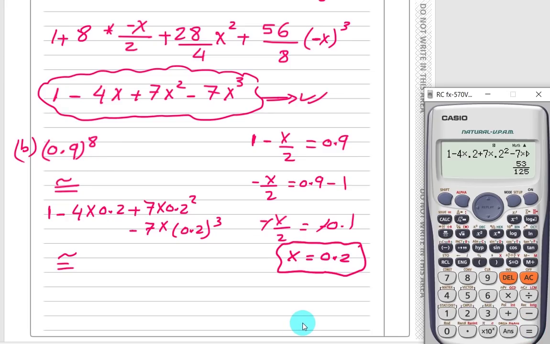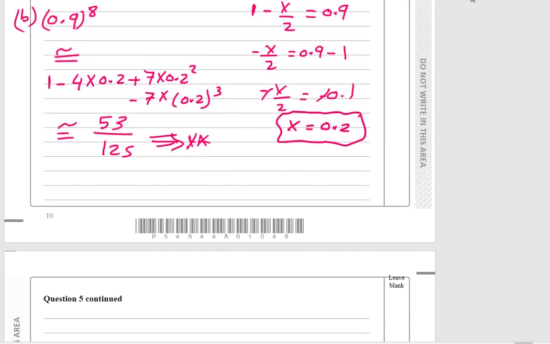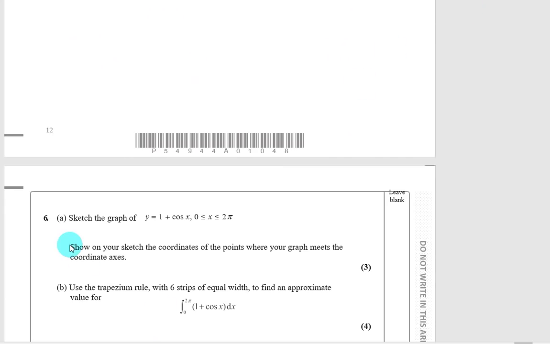So 53 divided by 125. 53 by 125, and this is the final answer. Okay. Let us go ahead to another question.